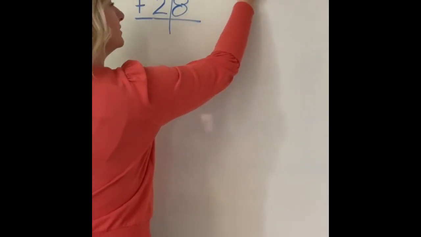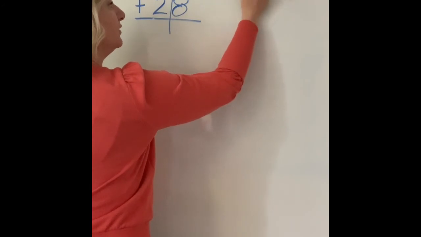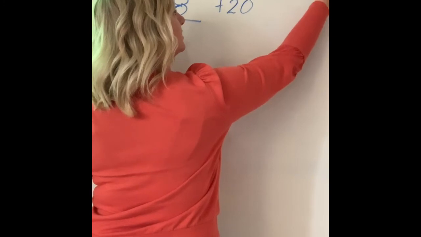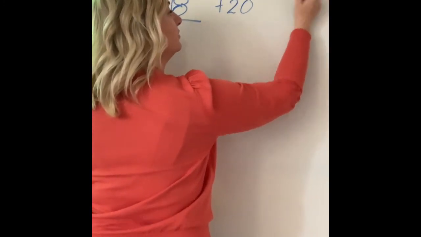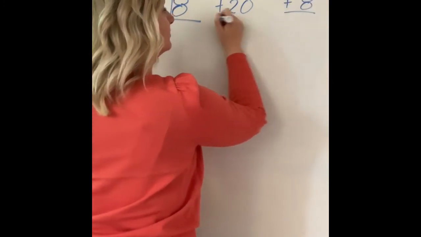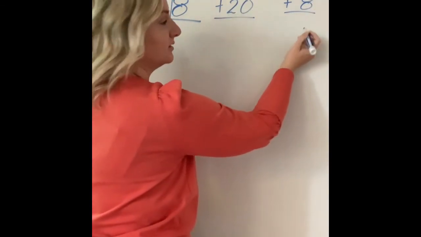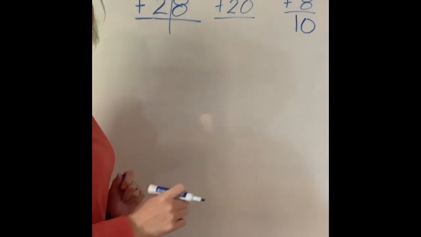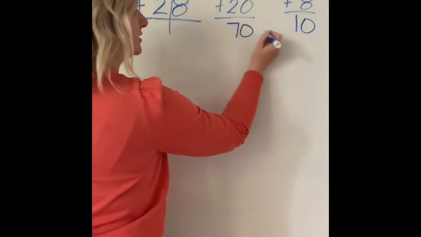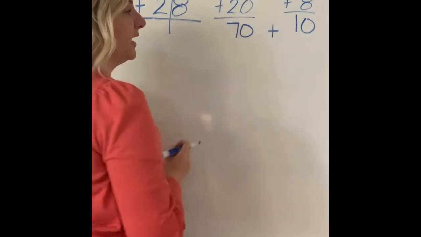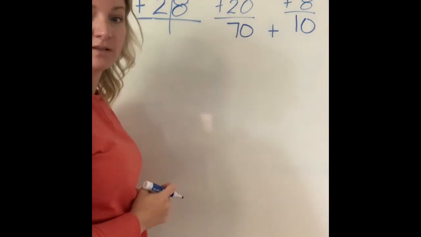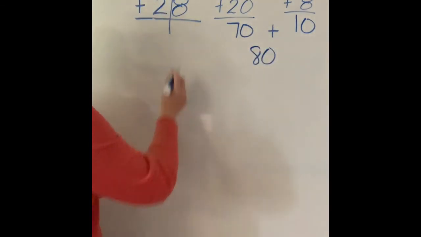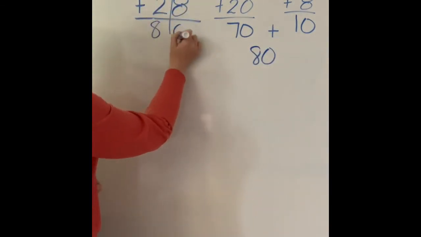So for the tens, I'm adding 50 plus 20. And for the ones, I'm adding 2 plus 8. 2 plus 8 is 10. 50 plus 20 is 70. Add them together. 70 plus another 10, 80. So 52 plus 28 is 80.